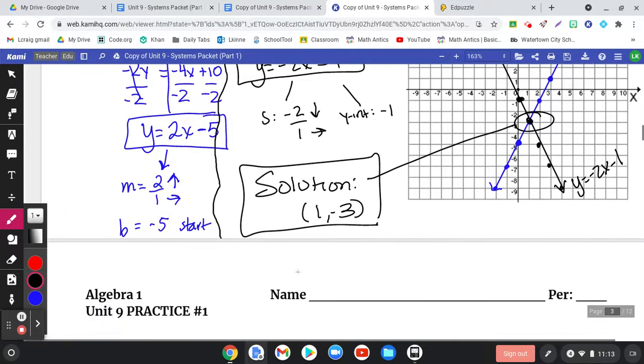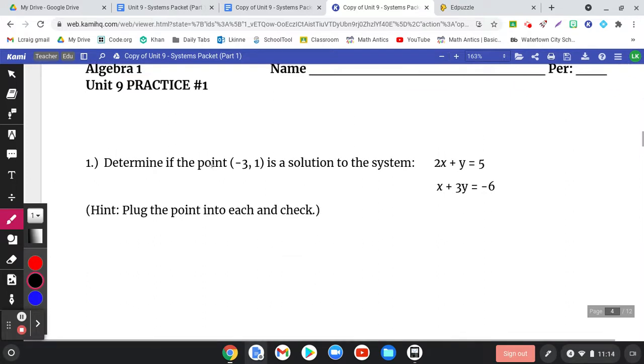All right, so your homework is on the next 2 pages. This one is just checking like we did on the first example yesterday or in the last video. So whenever we see an x, we'll plug in a -3. Wherever we see a y, we'll plug in a 1 into both equations and see if it checks.